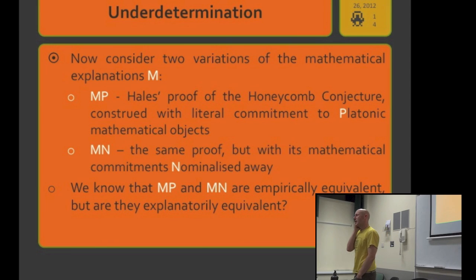Now imagine there are two competing versions of M. There's a version of M, which is our mathematical theory, which is committed ontologically to the existence of mathematical objects. And then imagine there's another version of M, which is just a nominalised equivalent. It seems to say all the same content, but it dissolves away its apparent commitment to numbers.